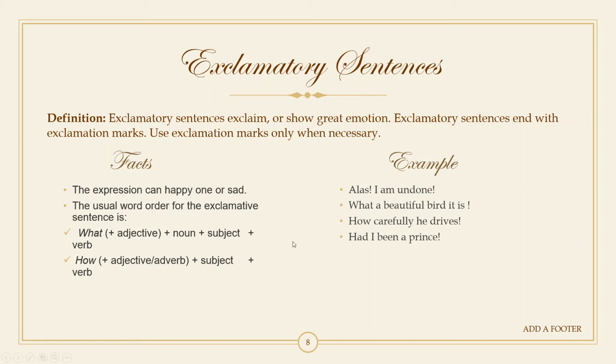And these are the facts about exclamatory sentences, and these are the examples. One thing you should remember is that an exclamatory sentence can be used to express happiness. An exclamatory sentence can also be used to express sorrow or sadness.